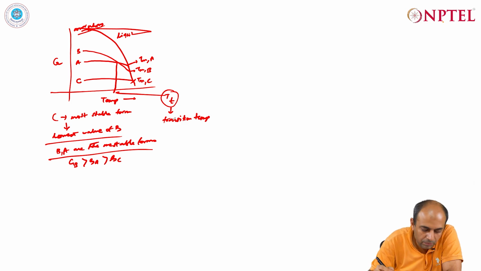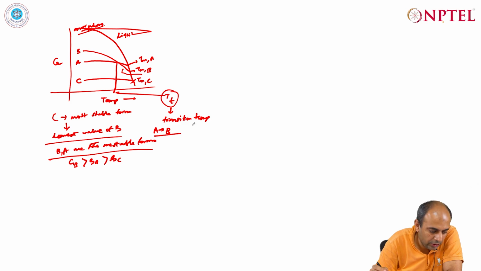When polymorph A converts to B. So you see here, when you start with polymorph A, this is the point at which the G value of B and A are equal to each other, they intersect, and after this the A phase is no longer stable, it is the B phase which is stable, as is characterized by the lower value of G. So A converts to B at the transition temperature, that is characterized by TT.